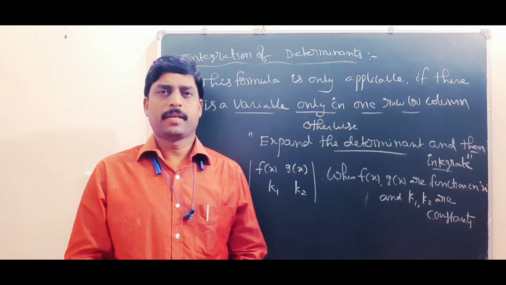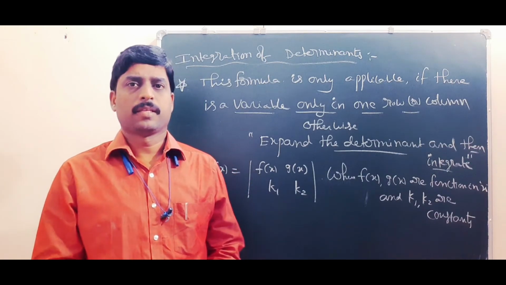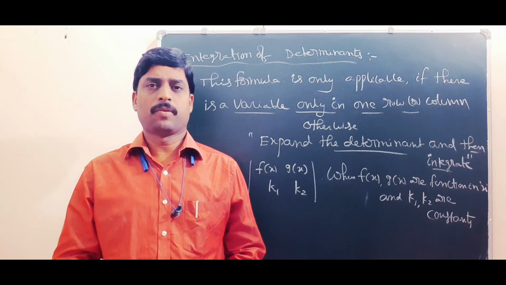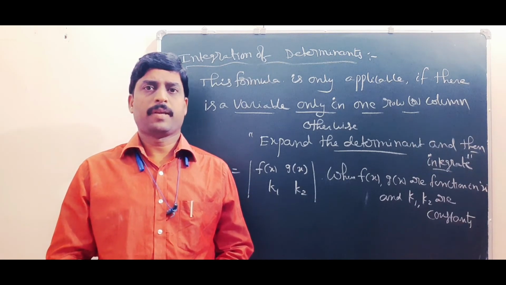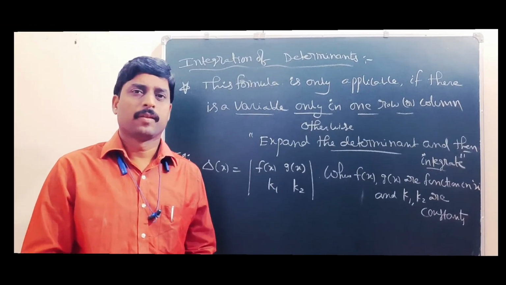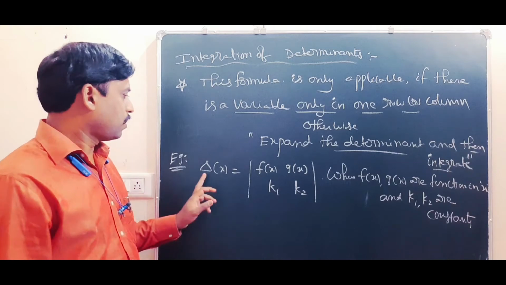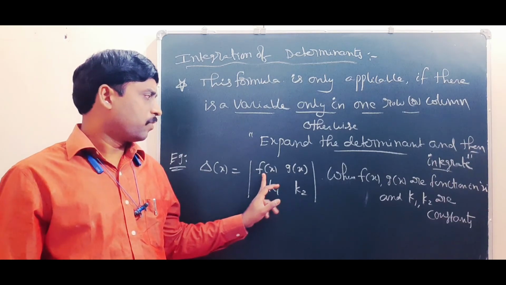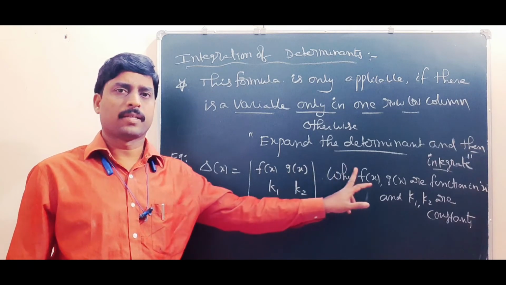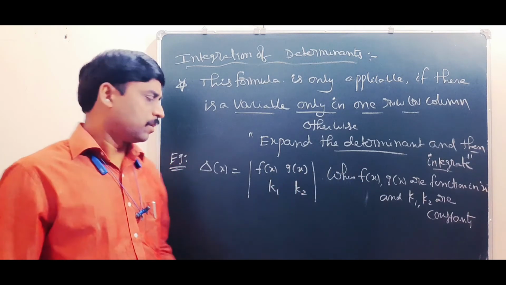Okay, now explain integration of determinants. This formula is applicable if there is a variable only in one row or column. Otherwise, expand the determinant and then integrate. Okay, let us take delta of x equal to delta of f of x, g of x, k1, k2, where f of x, g of x are functions in x, k1, k2 are constants.